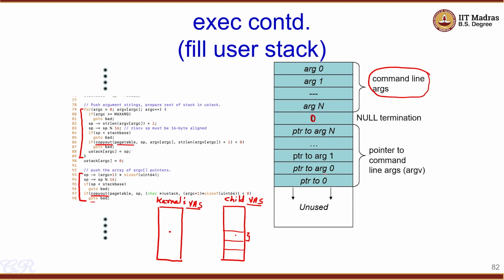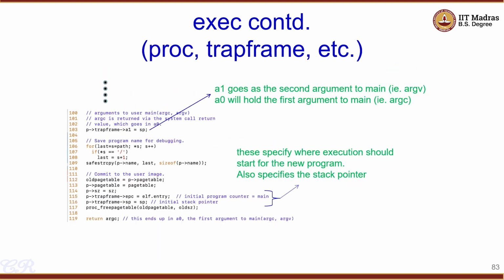It requires the page tables because it requires to know the page table for this particular child's virtual address space, and it copies directly into the physical memory corresponding to the stack pointer. Okay. So in this way, we have essentially set up the stack with the command line arguments and pointers to the command line arguments. This is our argv, right? So we are all set to go.